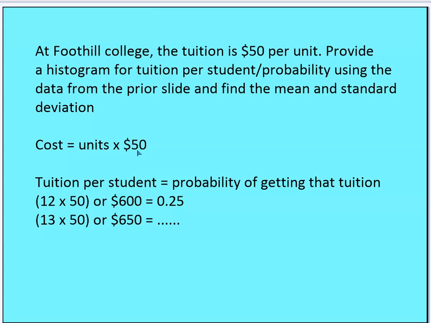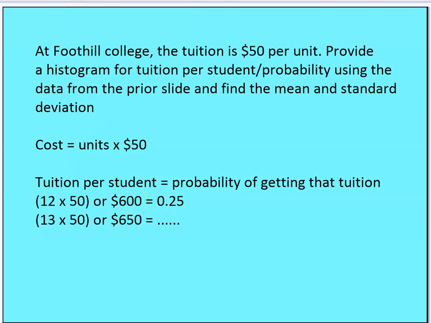So we're going to multiply units times 50, and then we're going to label the y-axis with the probability for the given value. So the given probability relative to the amount the student pays.